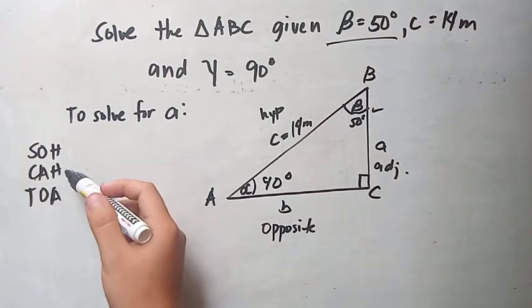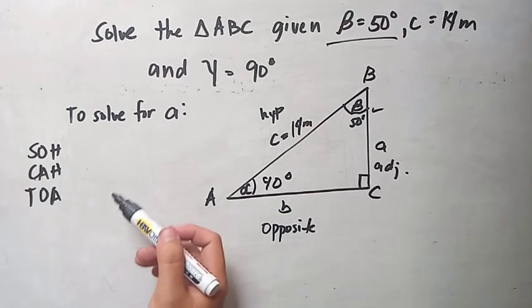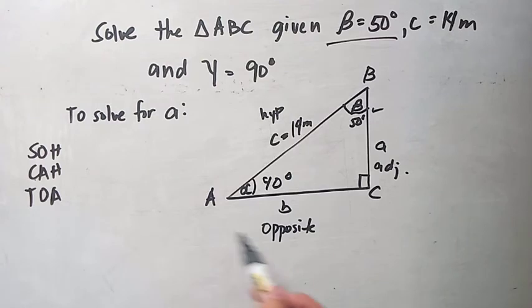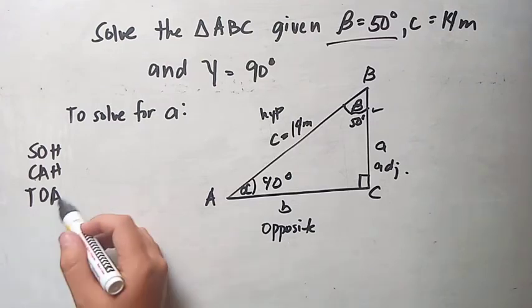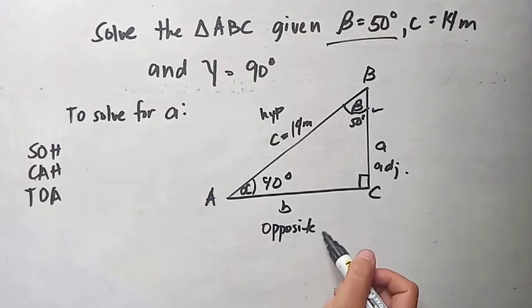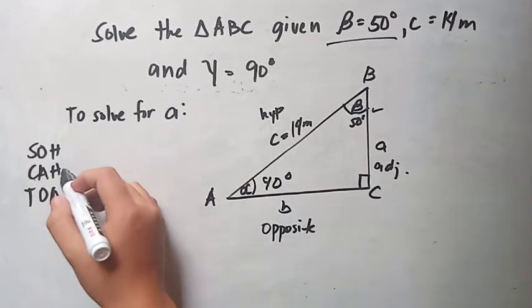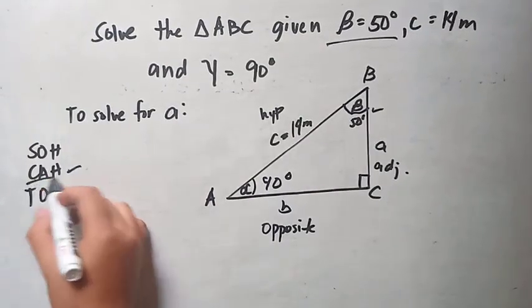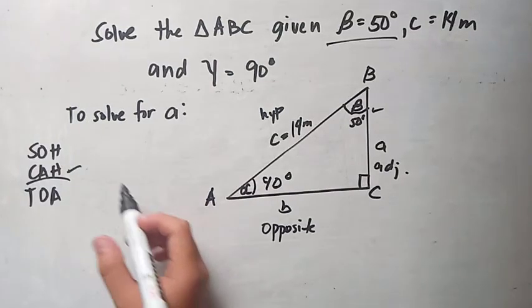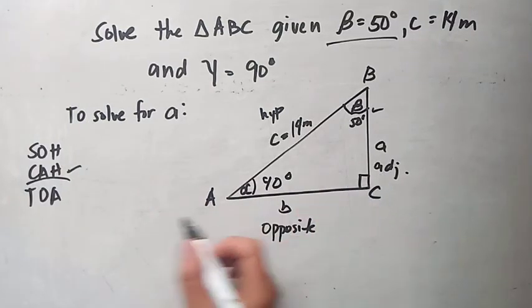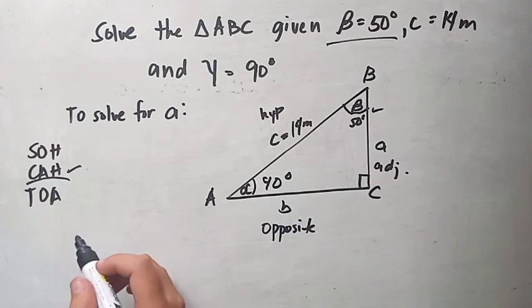Involved siya sa CAH at TOA. Pero, given ba si opposite? Kung TOA ang gagamitin natin, hindi. So, ang gagamitin natin ay CAH or cosine, adjacent over hypotenuse.